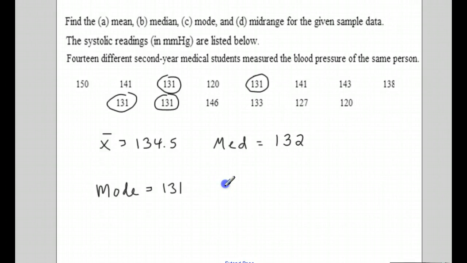So our mid-range is 135. Okay, so you see all these values are relatively close to one another.